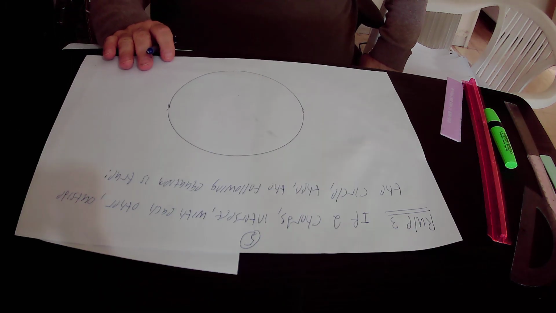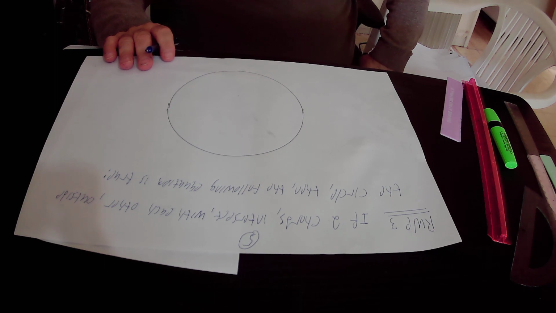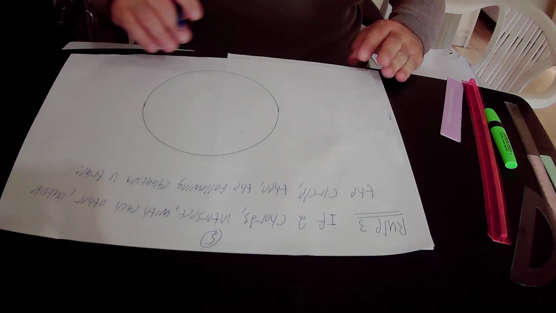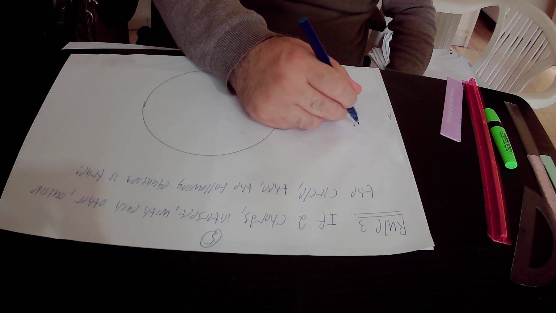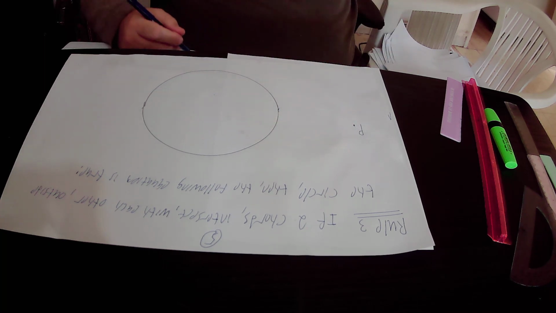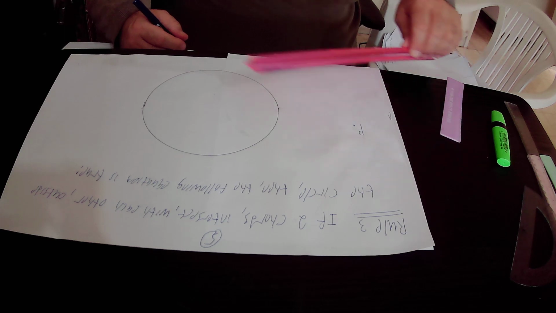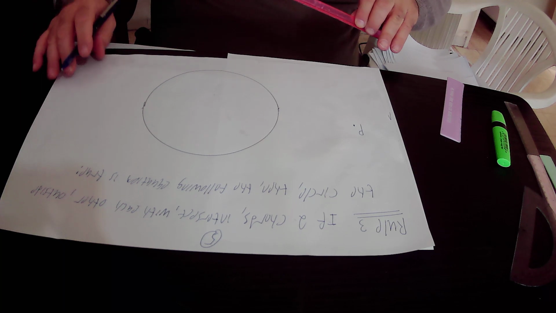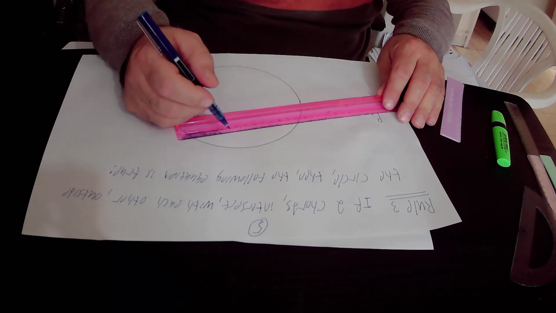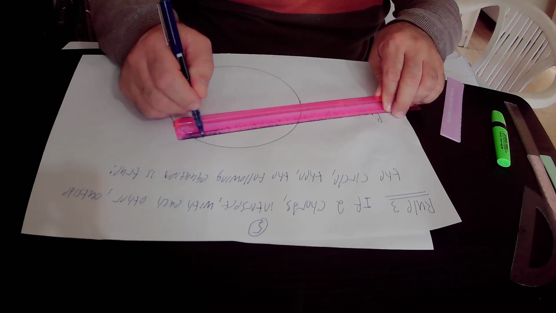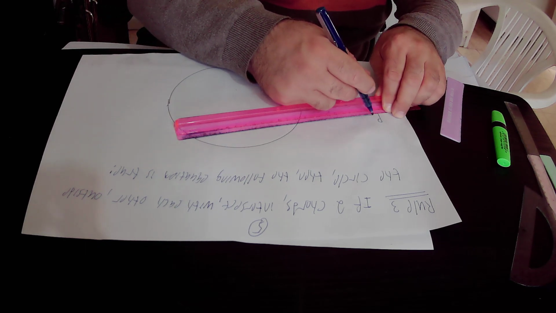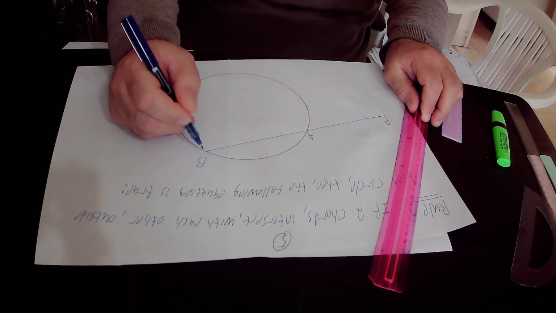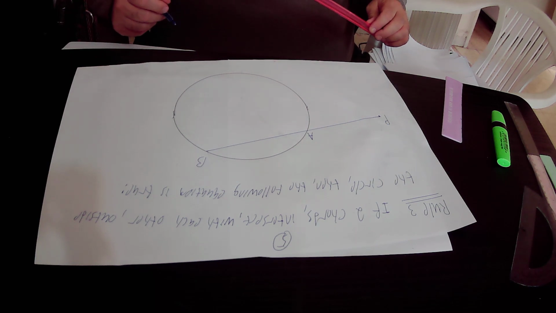So, first of all, we have the external point P. Point P is the intersection point between the two chords. So the first chord is chord AB. This is chord AB. That intersects with chord CD.